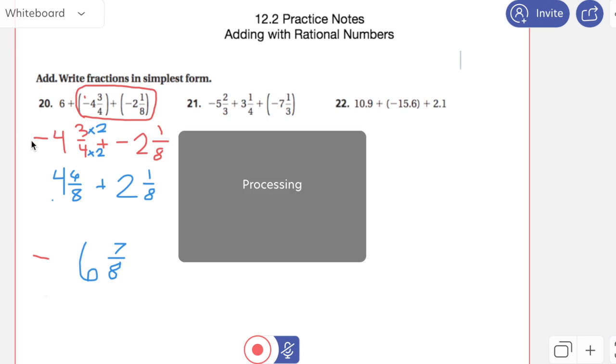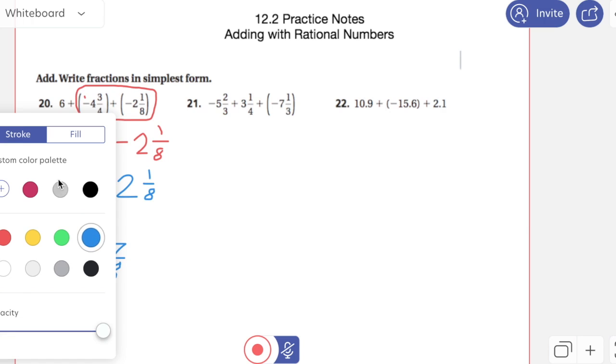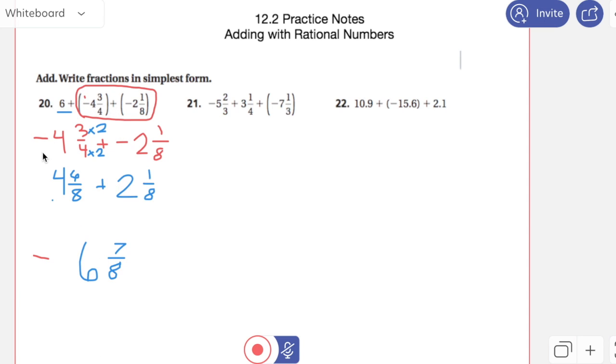So I think that will be more simple. So I'm going to put my 6, I still have this 6, I'm going to bring that down here and say, okay, what is 6 minus 6 7/8? Well, 6 minus 6 is 0, so if I have 0 minus 7/8, that's a negative 7/8.